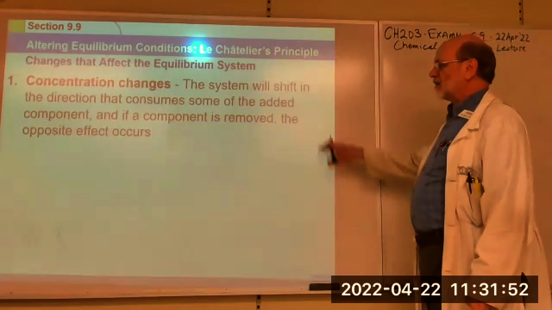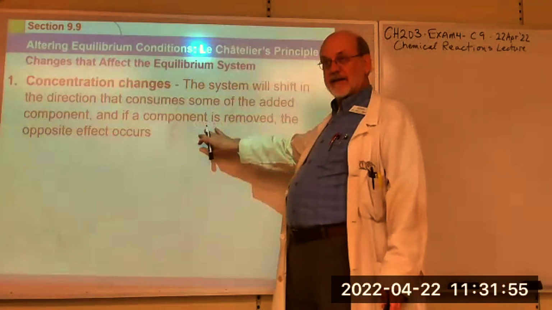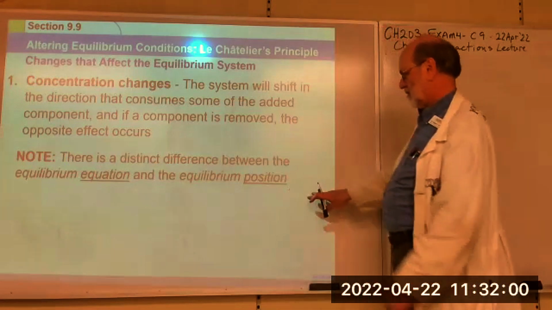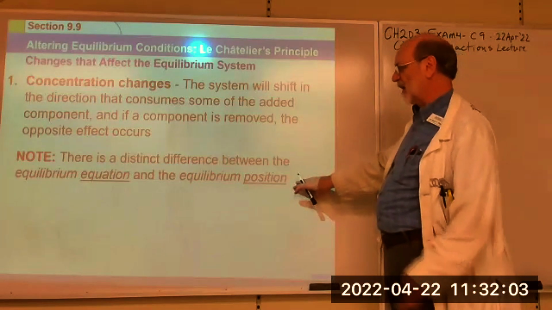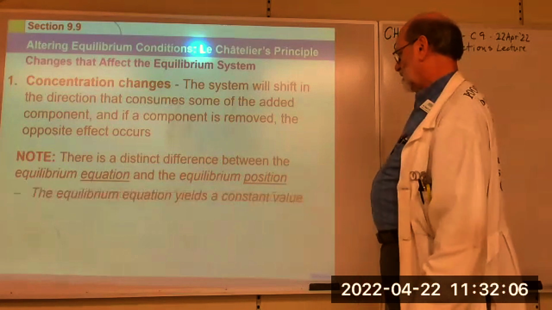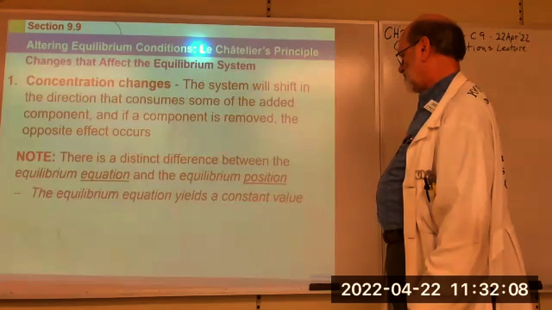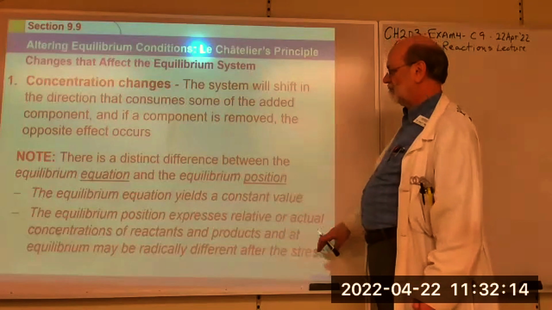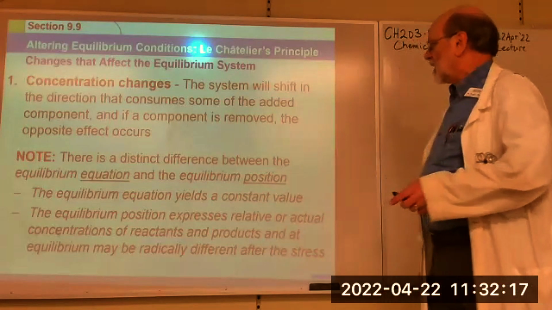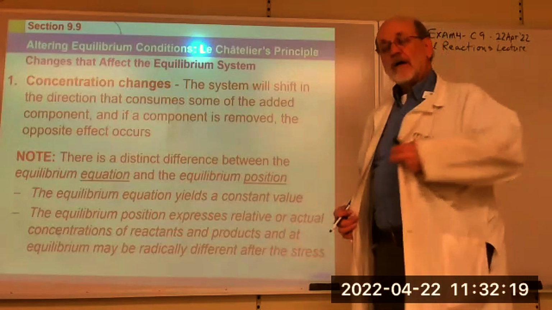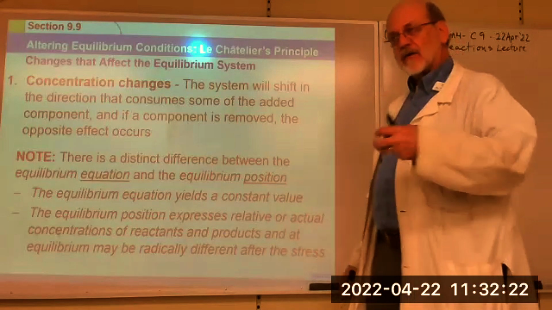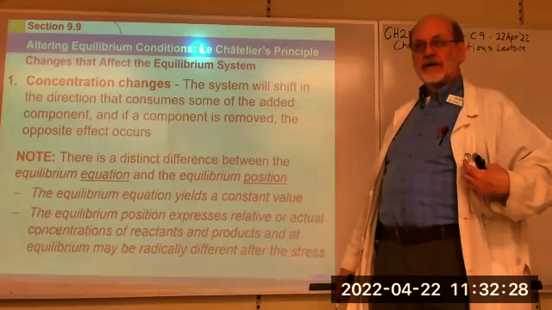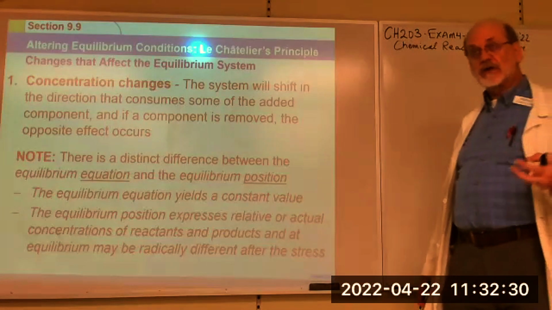Okay, so we've talked about changing concentrations already. I'm just emphasizing this point again. Yeah, I'm beating the dead horse again. If you change concentration, you could do that by adding reactant or adding product, or you can remove reactant or remove product, like the Haber process, where you make ammonia.